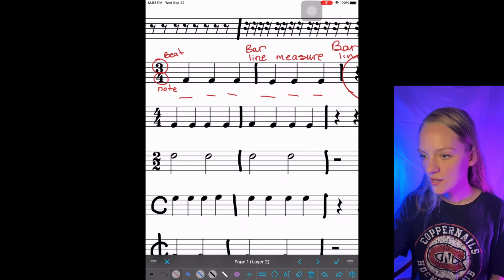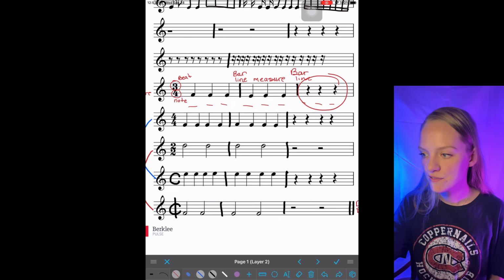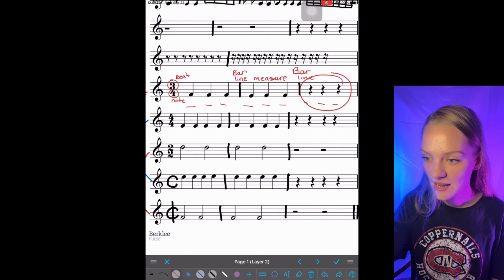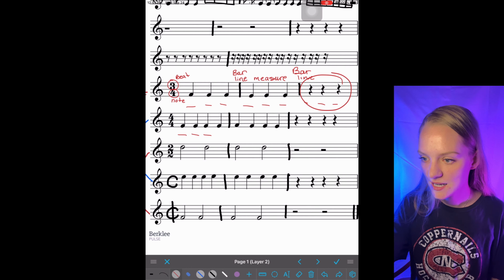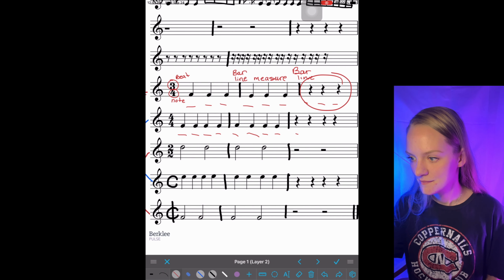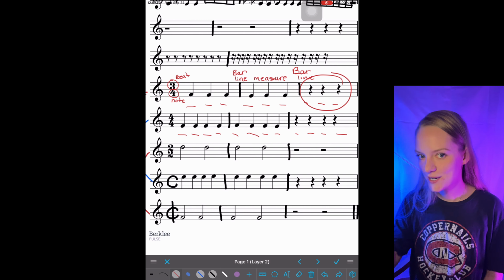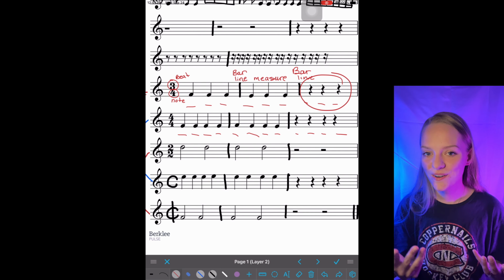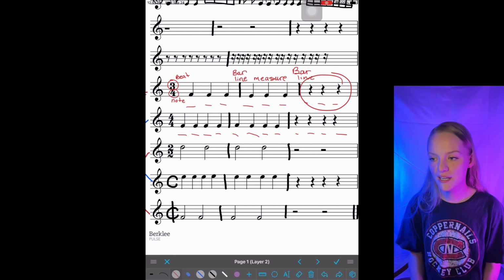And the way that you would count out these measures in 4/4 time would be like this. Ta, ta, ta, ta, ta, ta, ta, ta. Right? 4 beats of rest in the last measure, okay?